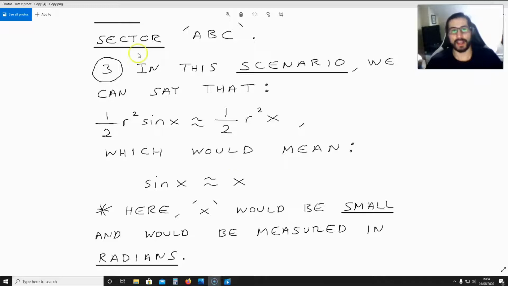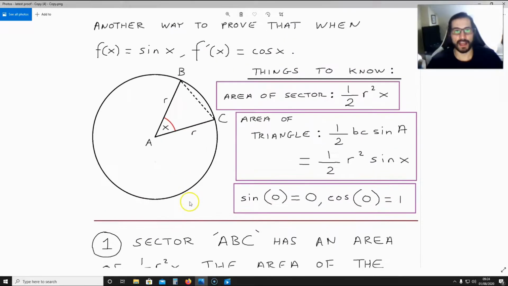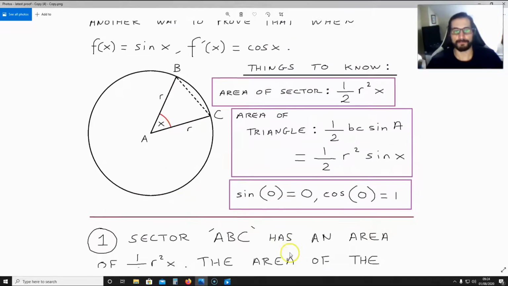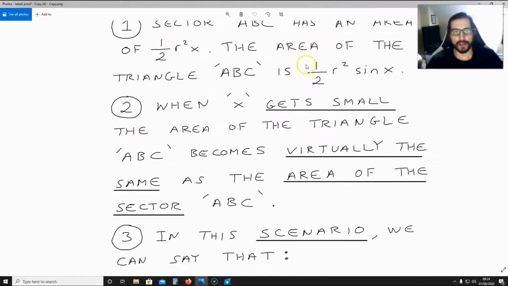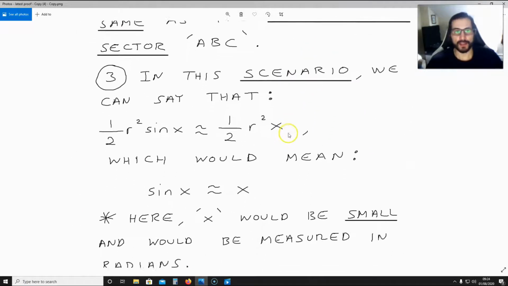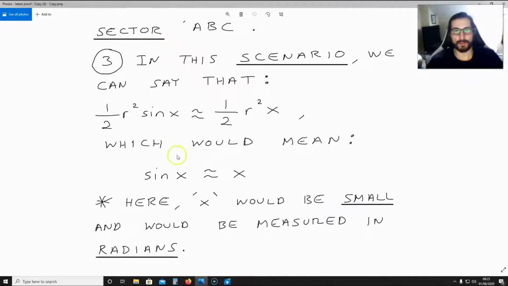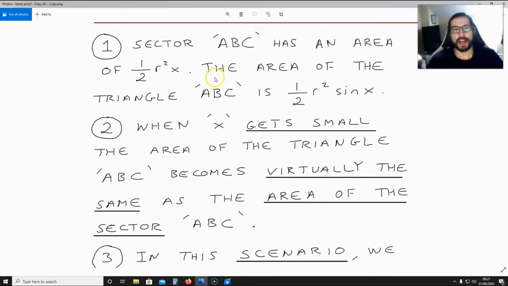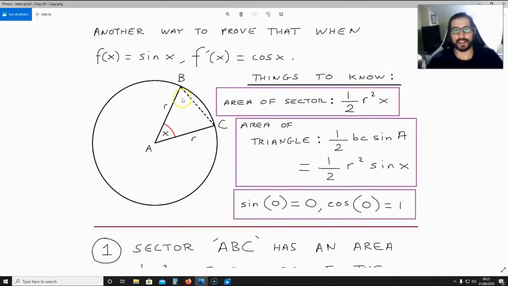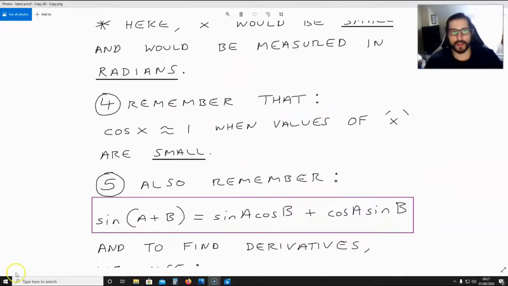Remember once again that x is this angle over here. So you need to know number 3 over here and this scenario. If you don't understand it properly just yet, just spend a bit of time looking at it, reading it, and also having a look at this diagram.